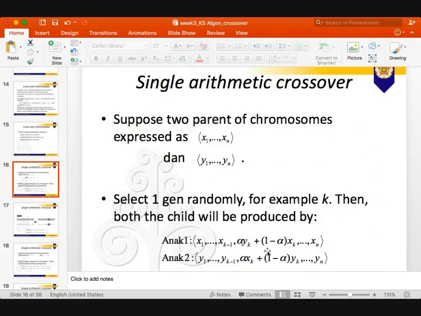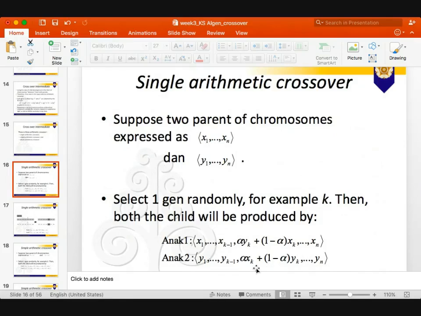Only locus K is a combination of the two parents, X and Y. Also for the second offspring, locus 1 until locus K minus 1 comes from the second parent, and locus K plus 1 until n comes from the second parent.